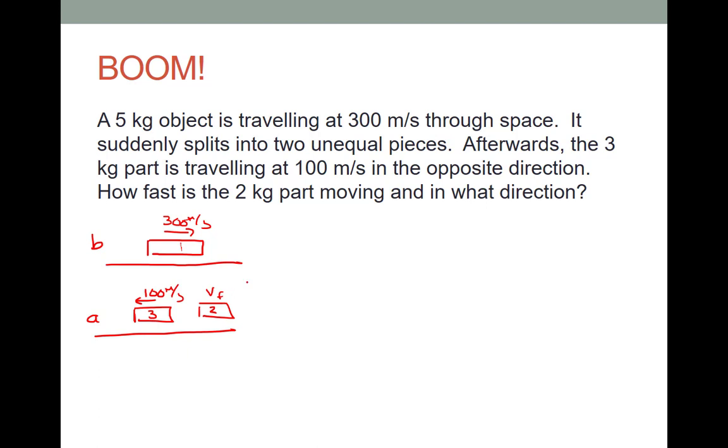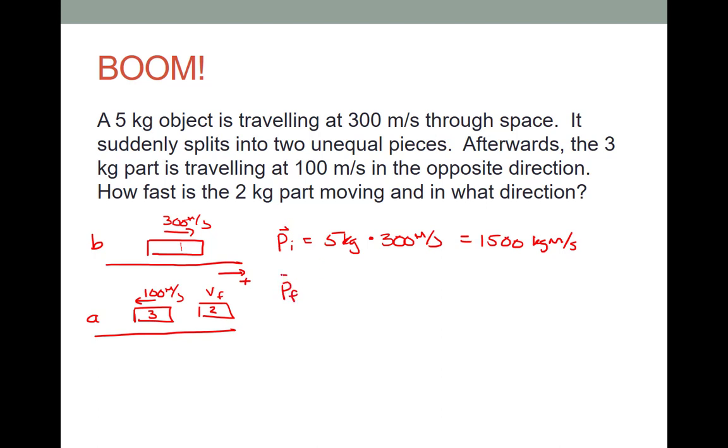Again, I don't know the final speed of my other object, so I'm just going to leave it as v final. Initial momentum is going to be the 2 objects together, which is 5 kilograms moving at 300 meters per second. I'm assuming positive is to the right here, which works out to be 1,500 kilogram meters per second.